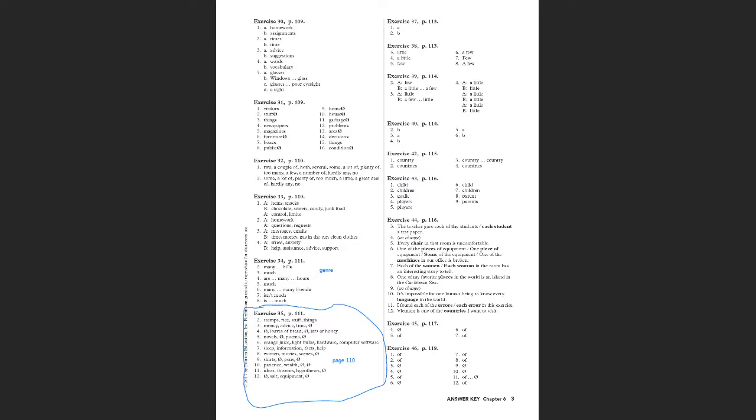But number 9: shirts, nothing, pens, nothing. Chalk is non-count. So we're not going to use it with a number of, because a number of only goes with plural count nouns.